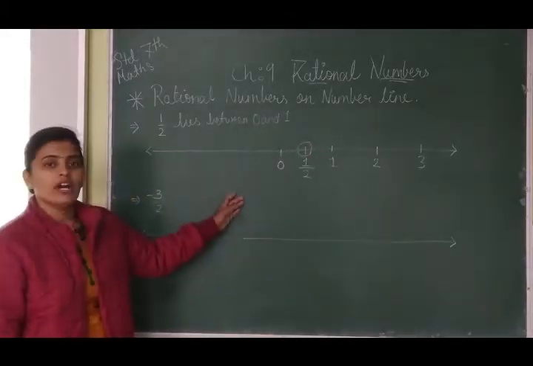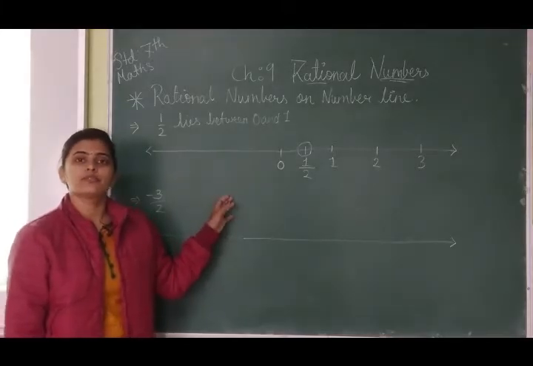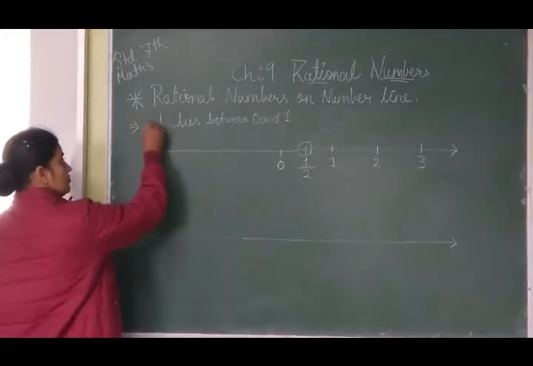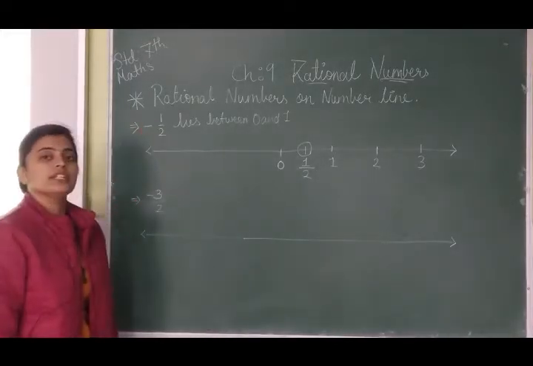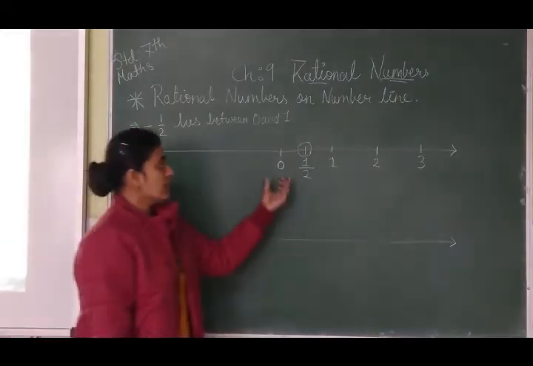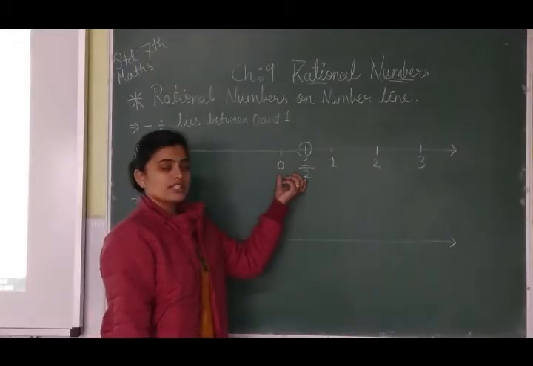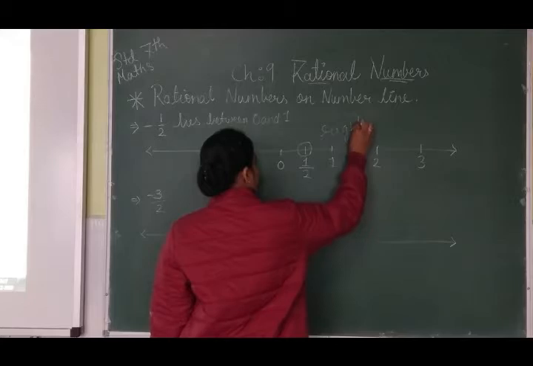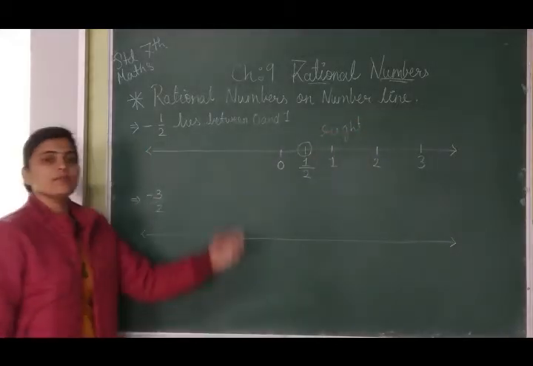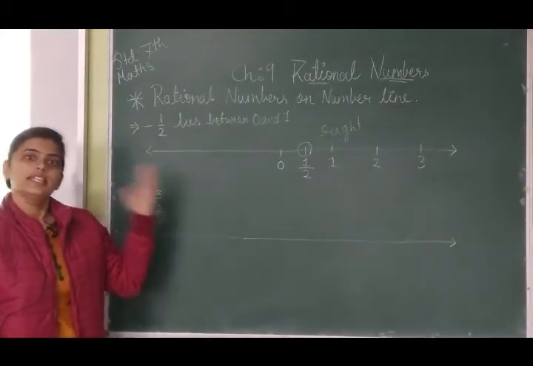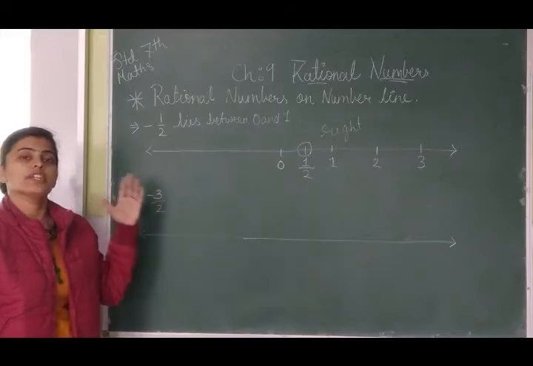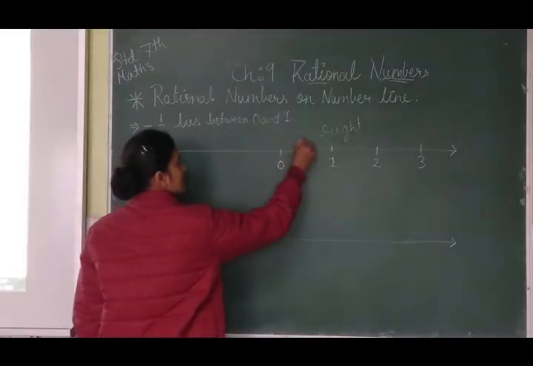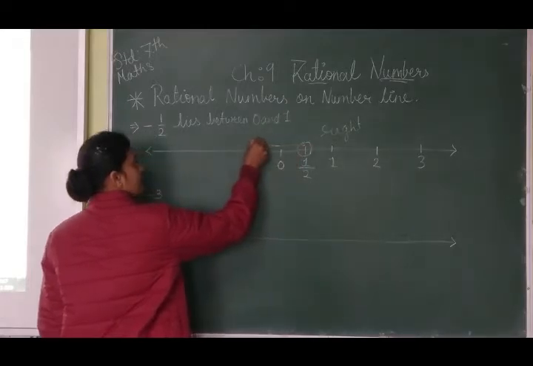Now if you want to mark minus 1 by 2, a rational number minus 1 by 2, what we will do? Minus 1 by 2 we need. Means at whatever distance 1 by 2 is there on the right hand side, that same distance will be of 1 by 2 on the left hand side. So on the left hand side it will be negative. So at same distance, this much distance we will move over here.